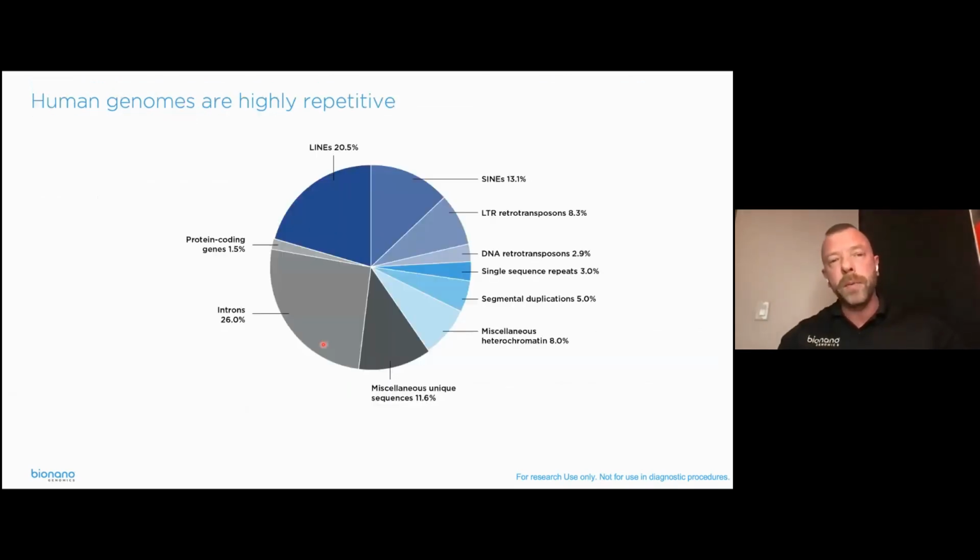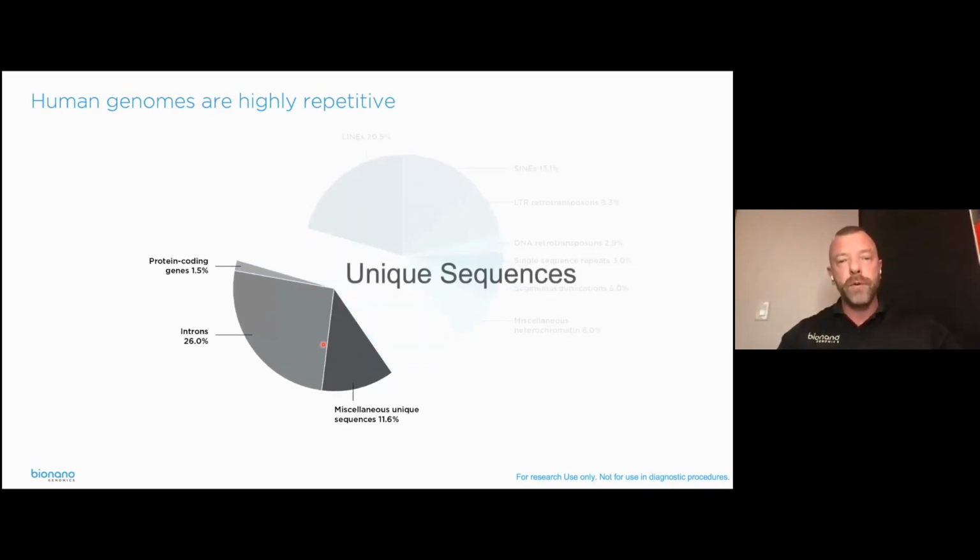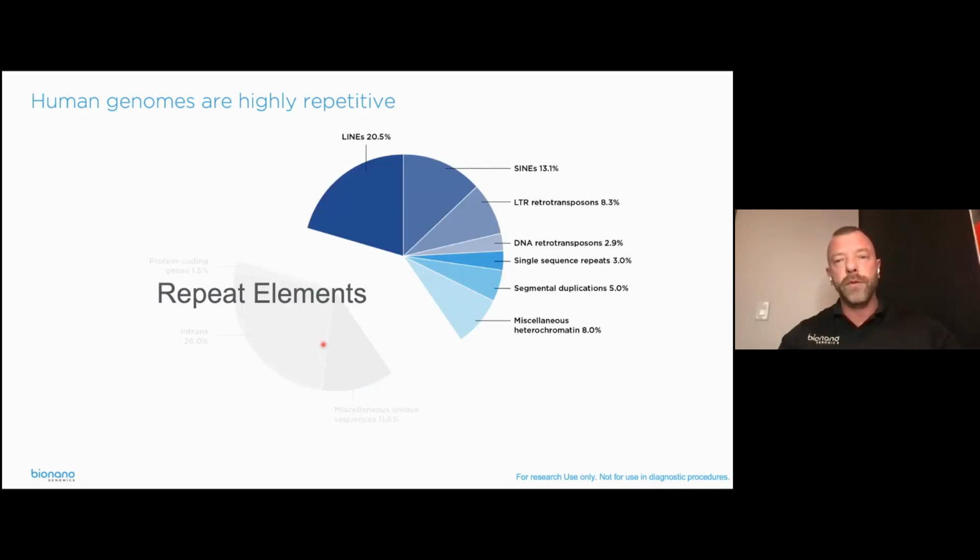The other problem with NGS is that the human genome is highly repetitive, with just about a third of the genome consisting of unique sequences and two thirds consisting of repeats. So if you can only see a couple hundred base pairs far, as you do with NGS, then you can't make sense of this two thirds of the genome that is repetitive, because if you get sequence back from, say, a LINE element, which of the 100,000 copies of that LINE element you just sequenced, it's impossible to tell.